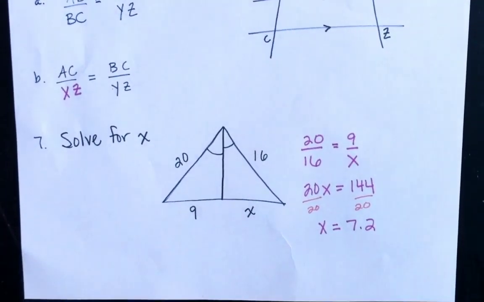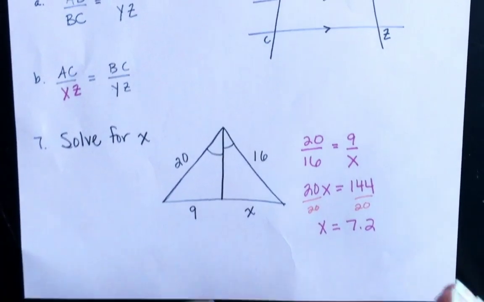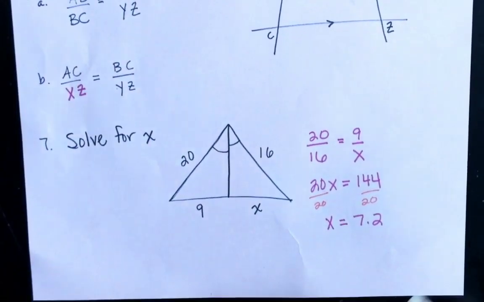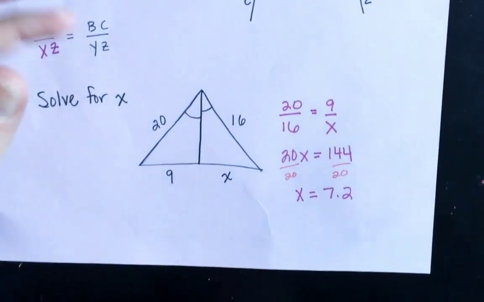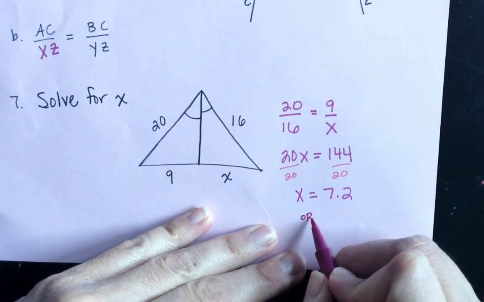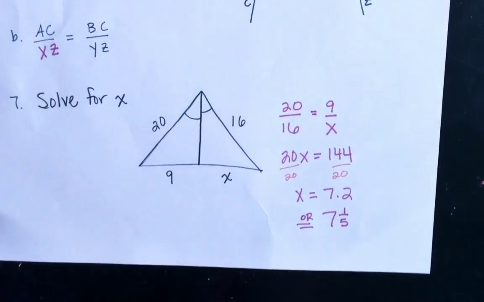Now again, you're going to write your answer, but most of us still don't consider the fact that 7.2 might not be how we want the answer written. So don't forget that the absolute way to get accustomed to writing all of our answers would be in fraction form.